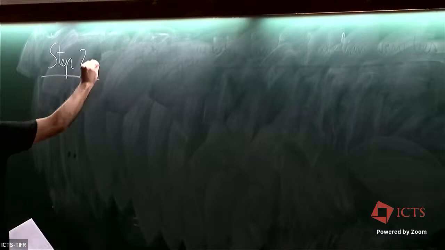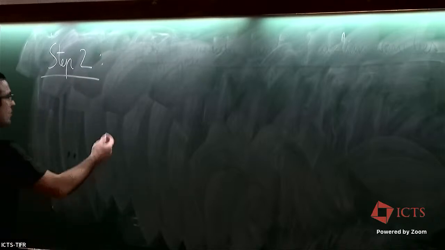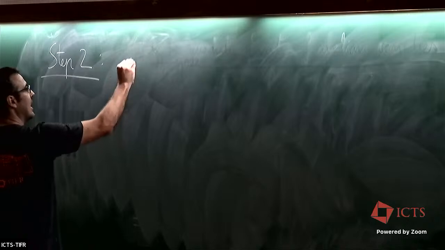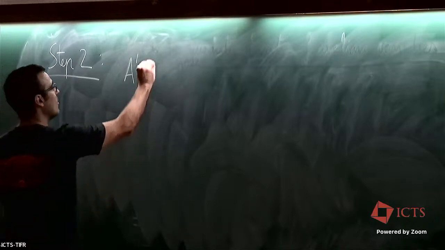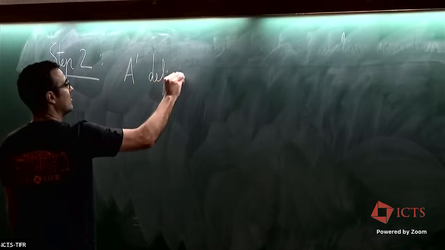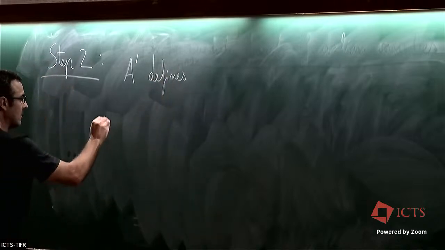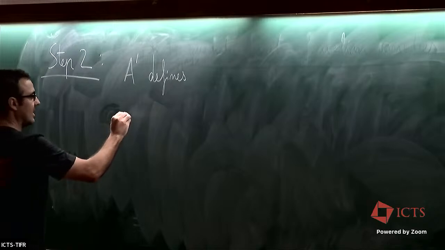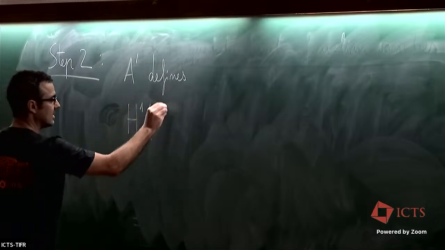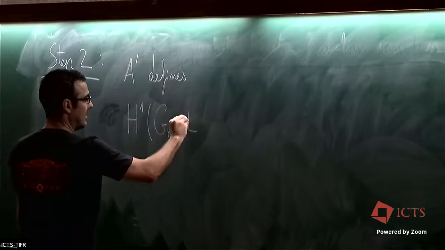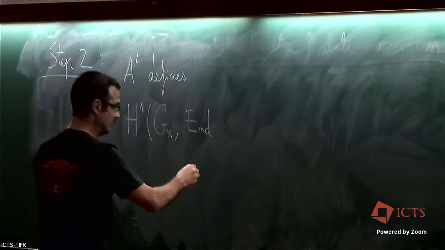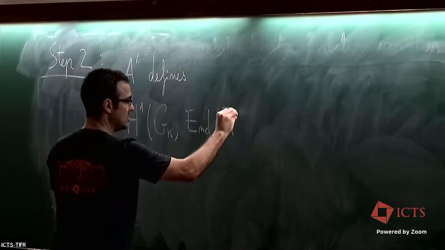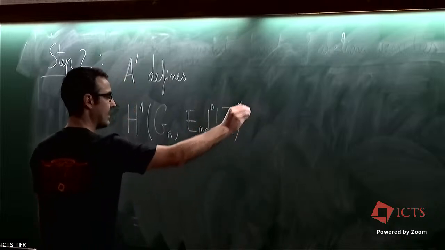Okay, so now we will make use of the cohomological description of the twist. So by step 1, we have that A prime is a twist of A. So A prime defines some class in H1 of GK with values in the invertible elements of the geometric endomorphism algebra, right?